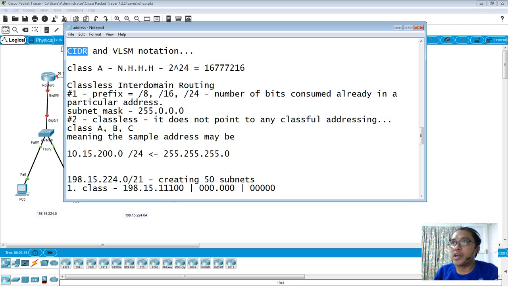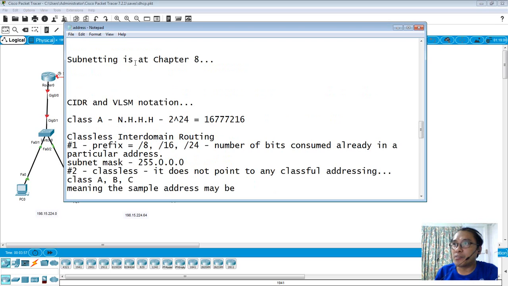So we will be using CIDR and VLSM notation, maybe in the next activity. CIDR is a precursor of the VLSM notation, so we must understand how CIDR works. CIDR is classless interdomain routing, which is totally different from what we call subnetting.